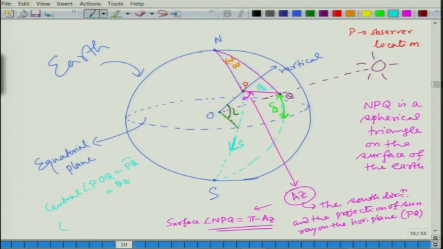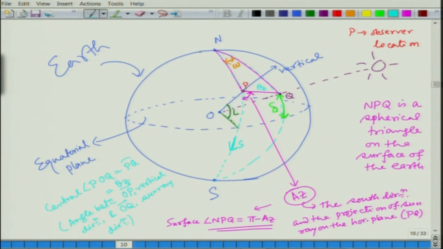Why is it the zenith angle? Because it is the angle between OP, which is the vertical direction, and OQ, which is the sun ray direction, right.